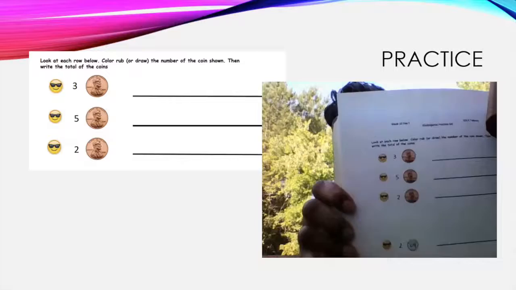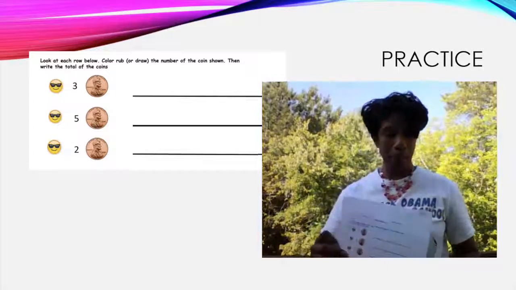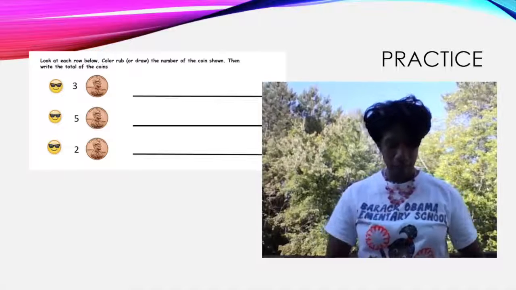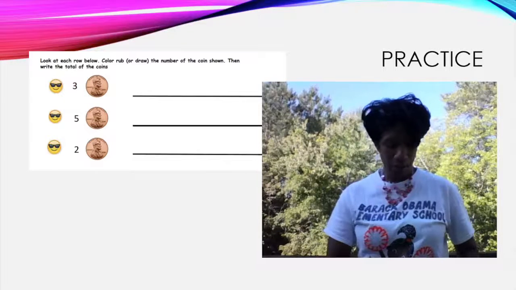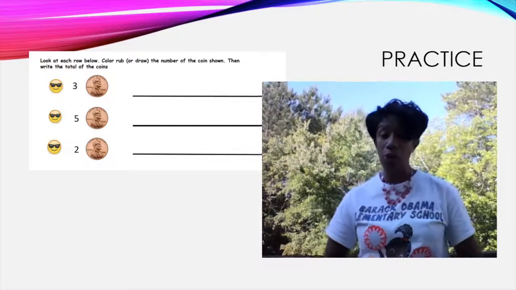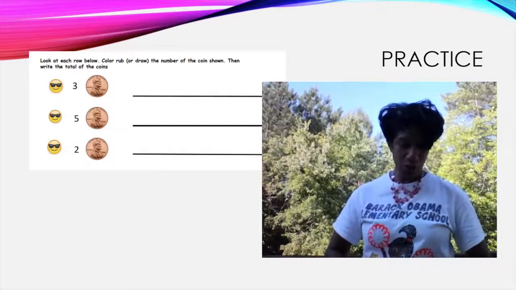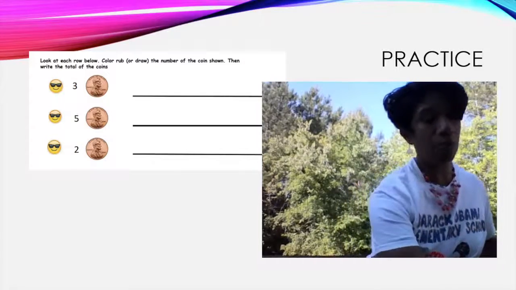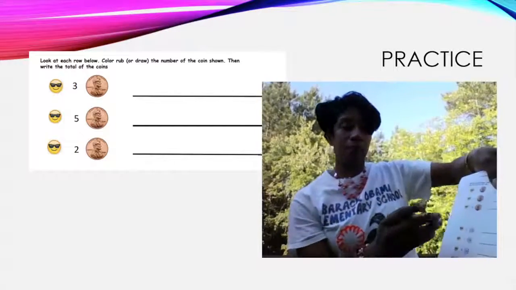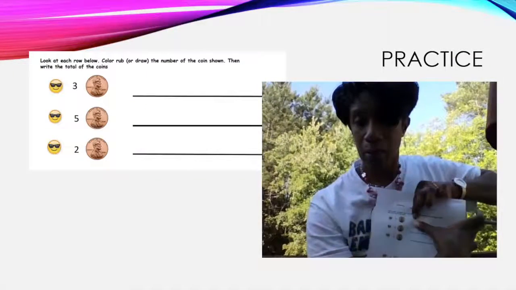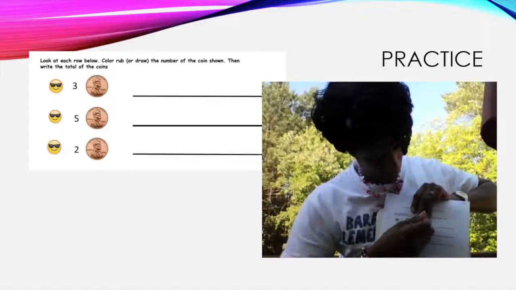You see, I have my practice sheet, and I'm going to put my penny underneath my paper right on that line so that you can see it through your paper. And then you're just going to color over it with your crayon. I have my brown crayon because my penny is brown.